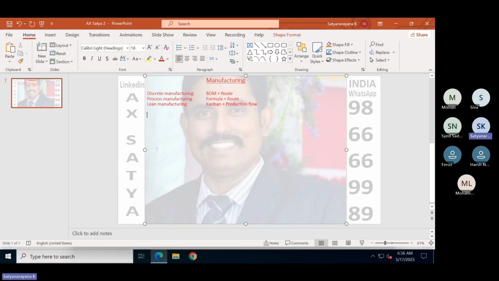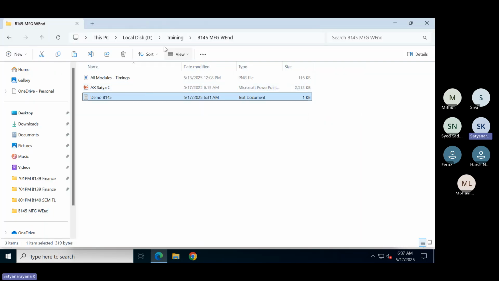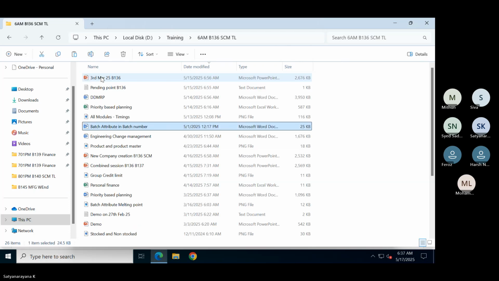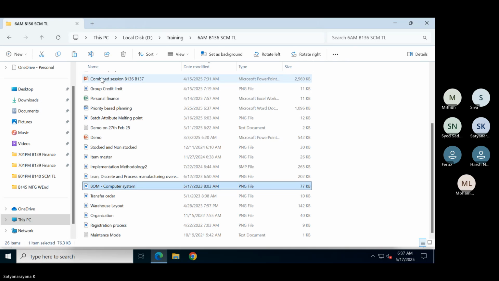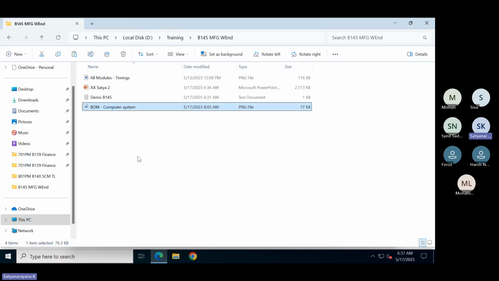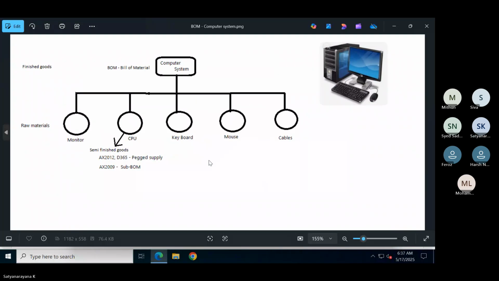Now, what is BOM? Let me show you one example so that you can understand. A very simple example in layman's words. BOM means if you want to make a computer system, we need monitor, CPU, keyboard, mouse, cables.